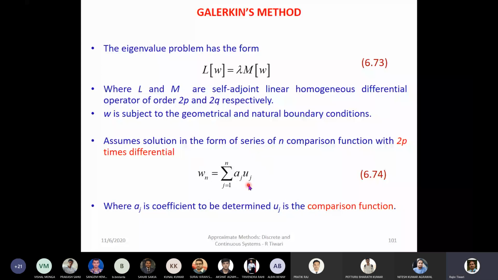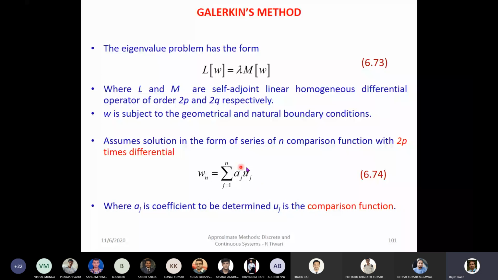In the Galerkin method, the functions we choose should be comparison functions because it is based on the equation of motion. We have seen that when we have the energy form, the requirement of the comparison function can be relaxed. But in the Galerkin method, because the starting point is the equation of motion, the assumed solution should be a comparison function only.